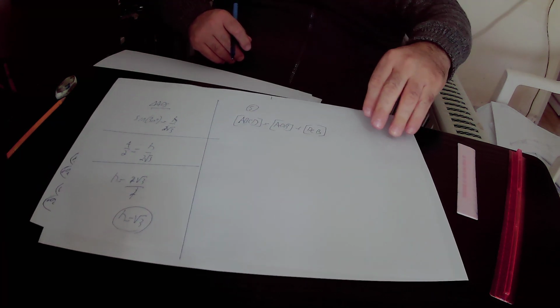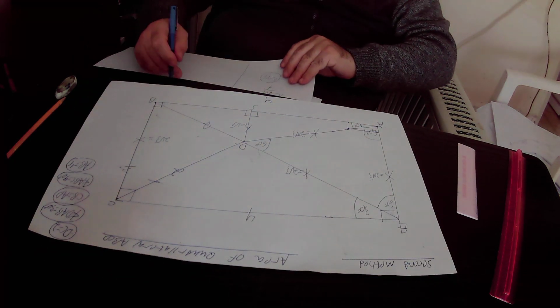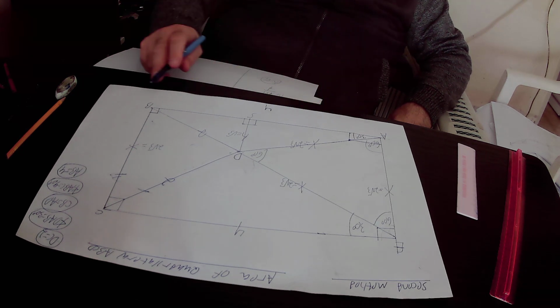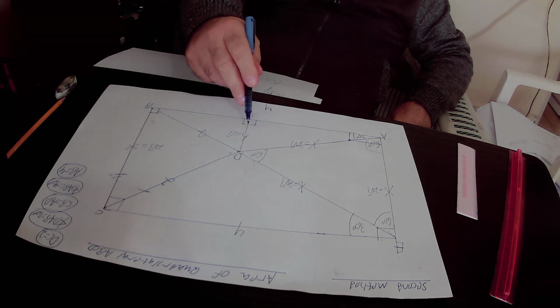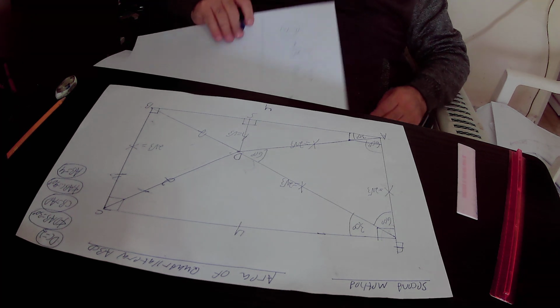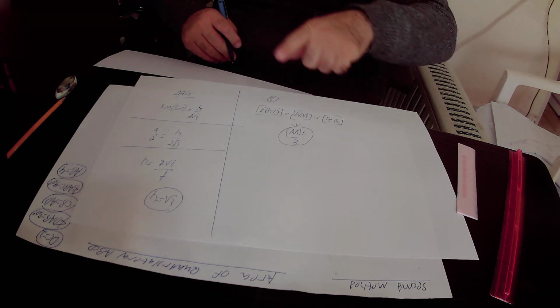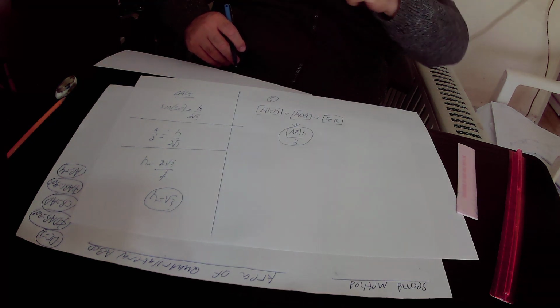And the area of triangle ADB equals the base of the triangle, that is actually AB, times the height to the base, that is actually H over 2. I'll repeat again, the area of triangle ADB equals the base AB times the height, that is H over 2.